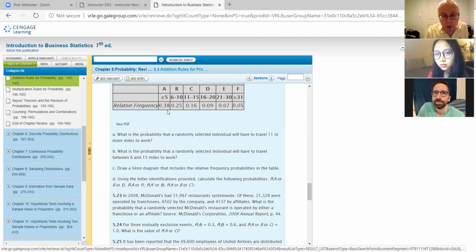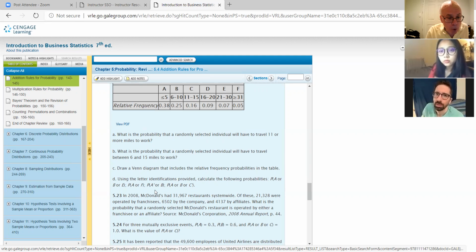These are mutually exclusive. So the addition rule for mutually exclusive events means you just add the probabilities. So A or B is adding those up as 0.63, and then adding E's 0.07 to that is 0.7, right? How about A or F? 0.43. Right, just simply adding those probabilities.